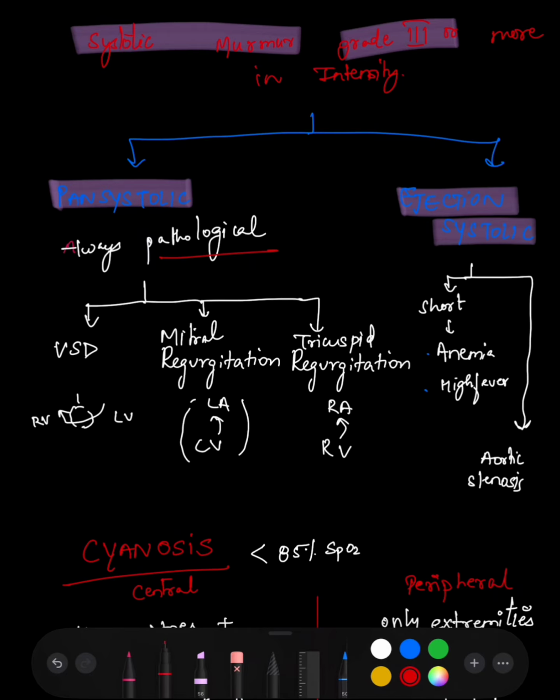What do we mean by pansystolic? It means that if we see S1 and S2, the first heart sound and second heart sound, the murmur is present all over the systole happening between S1 and S2. All over, the murmur is present, that is pansystolic.